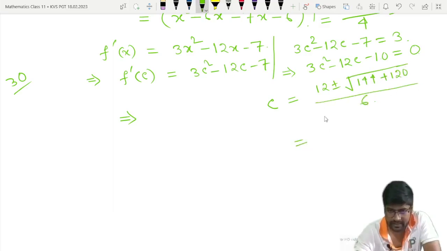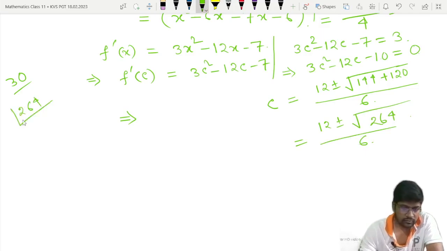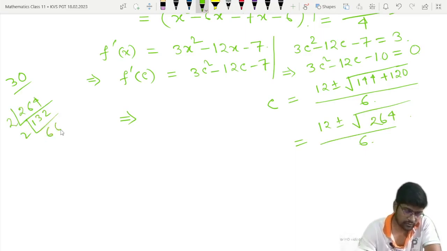Okay, so then c will be equal to 12 plus minus root over 264 divided by 6. Now how can we write root over 264?